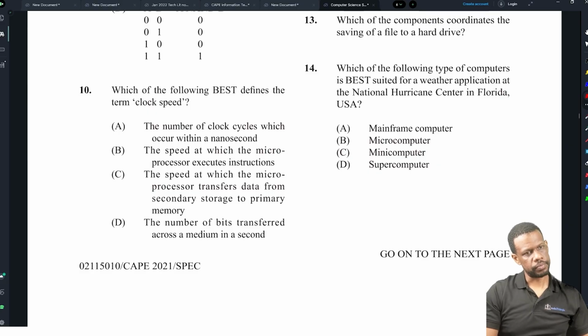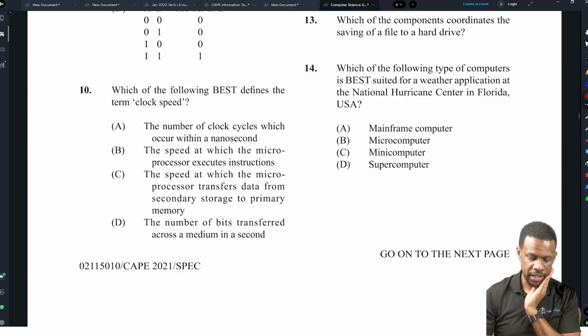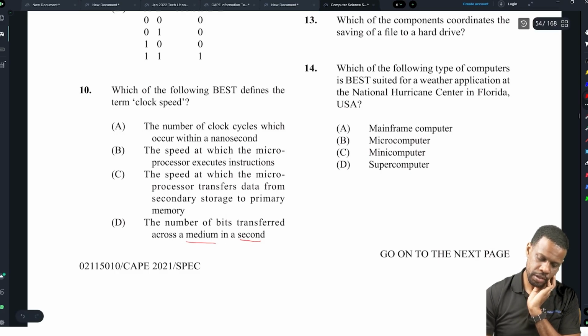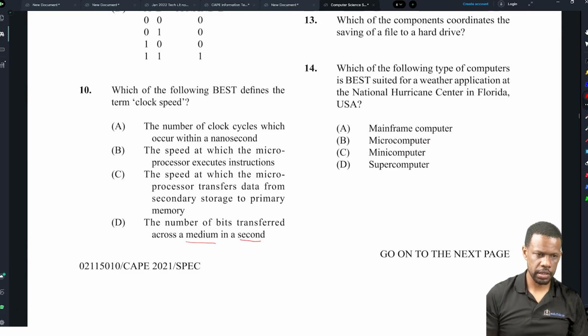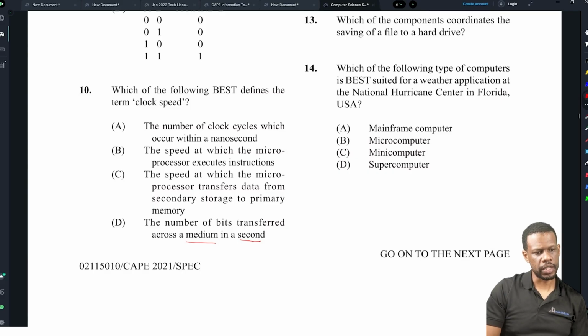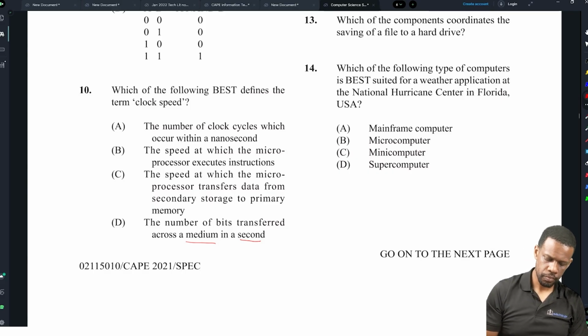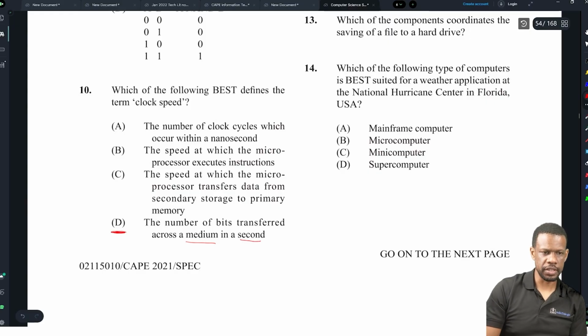because it could definitely have something to do with time per second. So I believe the number of bits transferred across a medium in a second. But this thing, a medium, I'll take D, because that's the only one that references per second, because clock speed is in hertz.